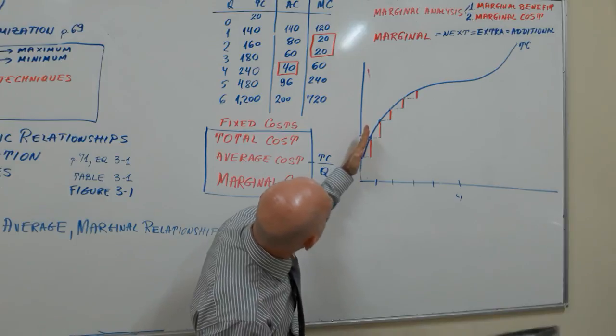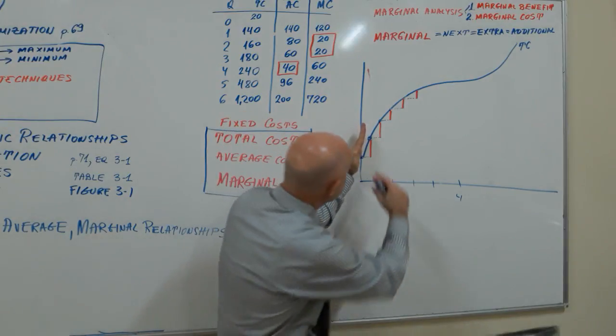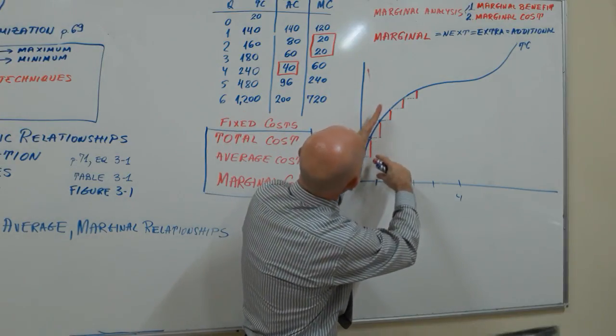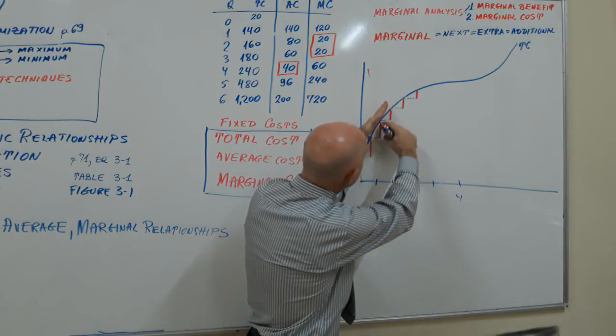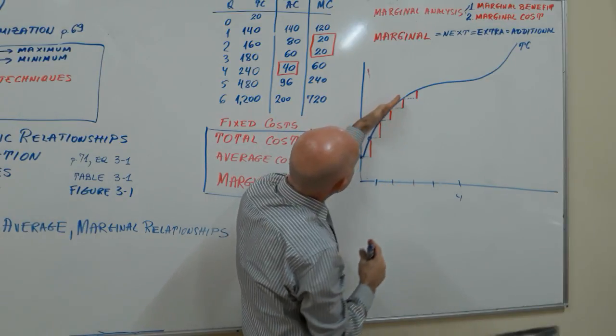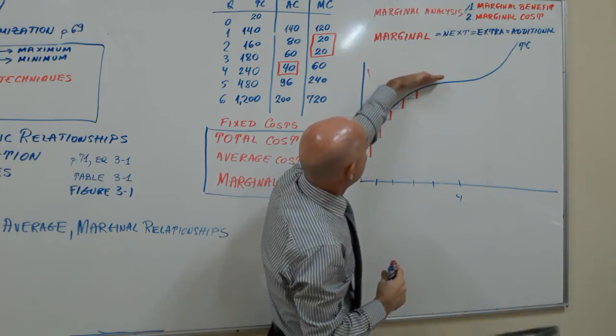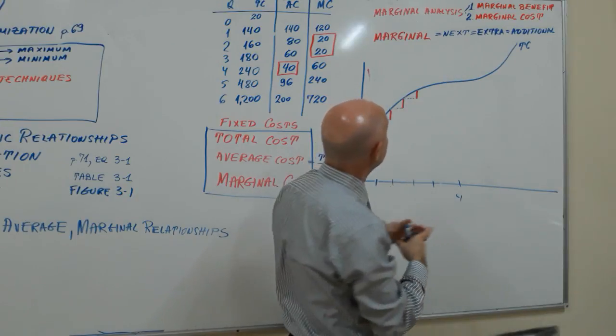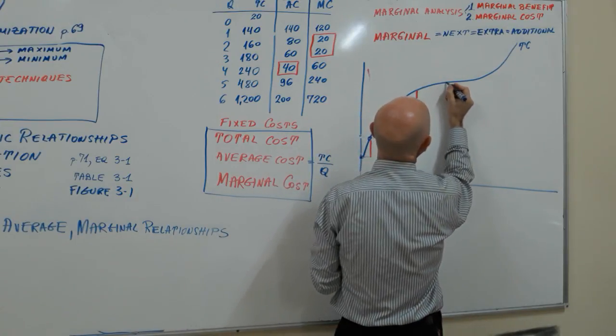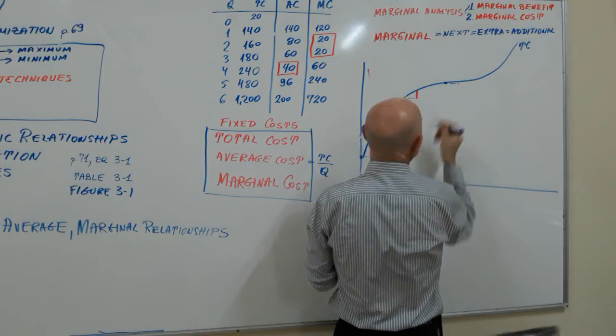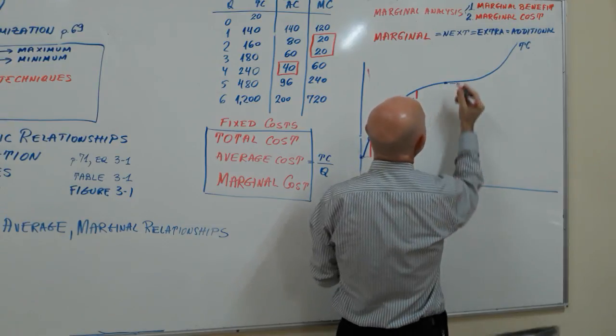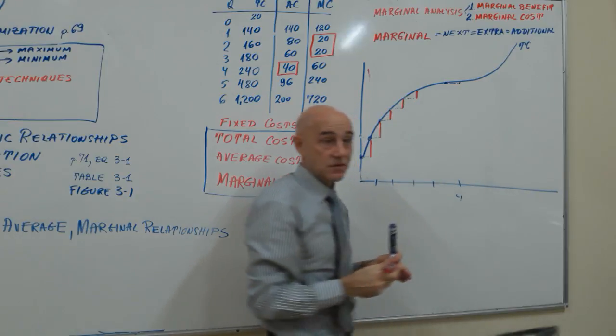Okay. So now notice, please pay attention here. If the slope is very steep, the marginal cost is high. As the slope goes down a little bit, the marginal cost goes down. As the slope gets more and more horizontal, for example here, the marginal cost is just little.